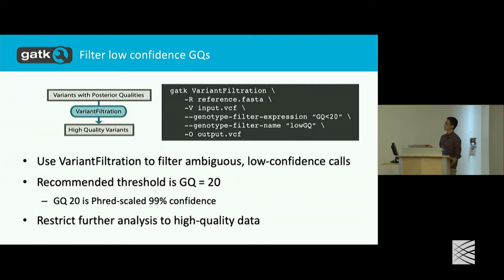And here you can set this 20 to whatever parameter you want and filter any variants with quality lower than Q20, for instance. So that way the data that goes into further analysis down the pipeline will consist only of higher quality data.